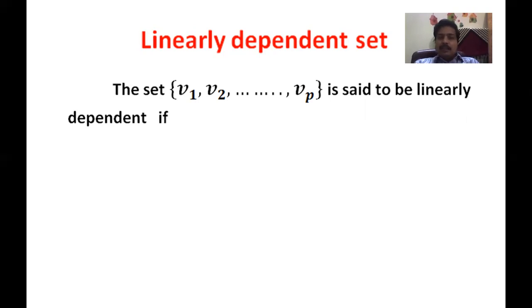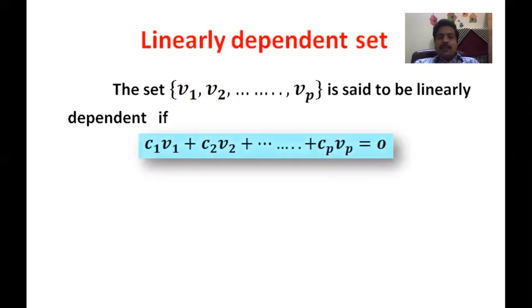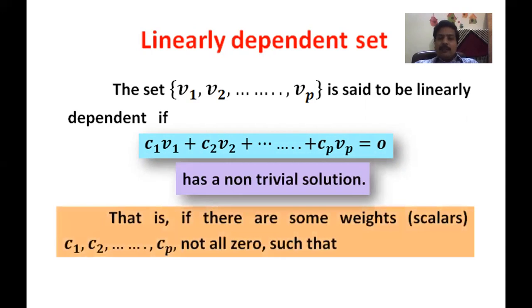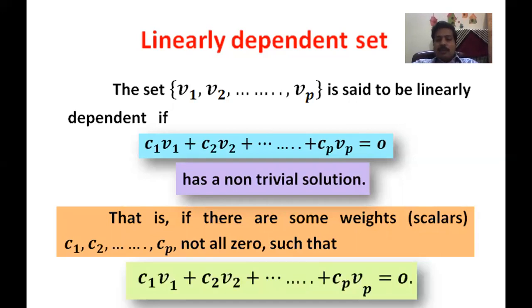That is, the set v1, v2 and so on vp is said to be linearly dependent if c1 v1 plus c2 v2 and so on plus cp vp is equal to 0 has a non-trivial solution. That is, if there are some scalars c1, c2 and so on cp, not all zero, such that c1 v1 plus c2 v2 plus so on cp vp is equal to 0. So if we are able to find some non-zero scalars satisfying this equation, then we can say that the set is linearly dependent.